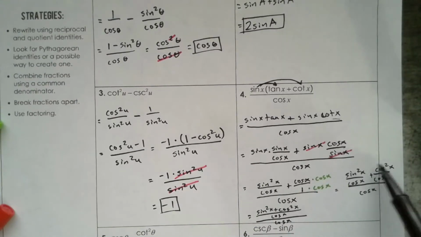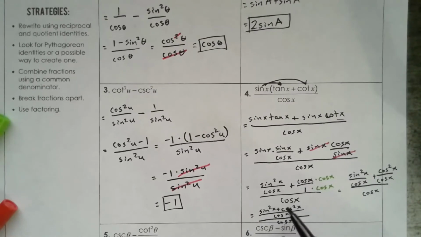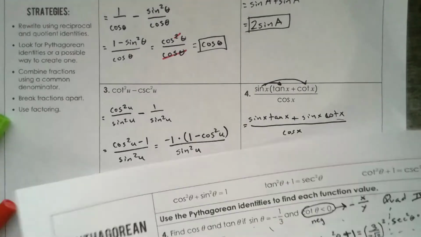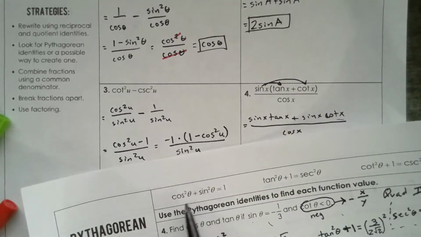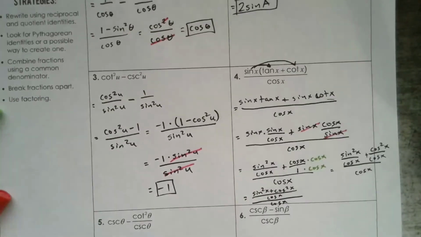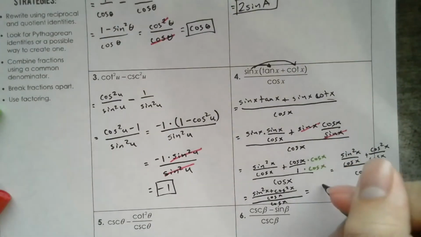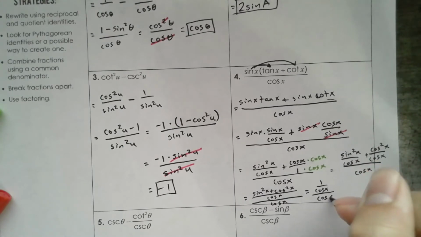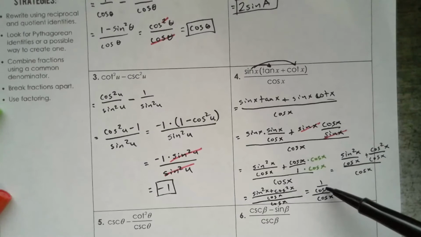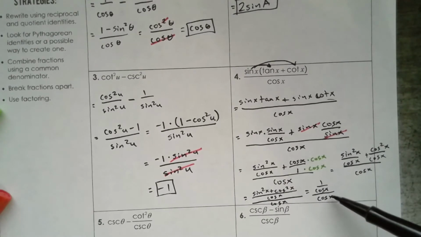Again, this top set of fractions here, I merge into just one. Sine squared x plus cosine squared x, that's a Pythagorean identity right here. When I add them and they're squared, that's equal to 1. So then I have 1 over cosine x, over cosine x, a fraction divided by a number. Don't forget, you multiply by the reciprocal.